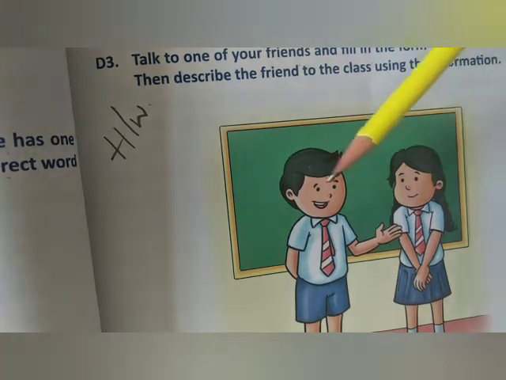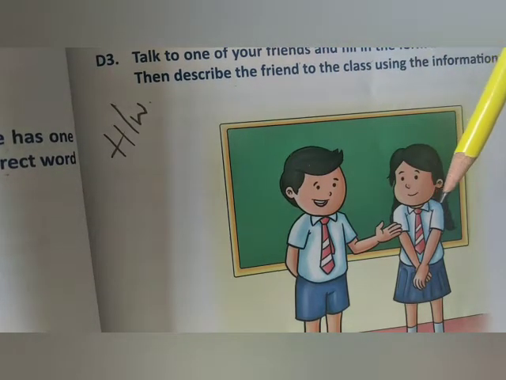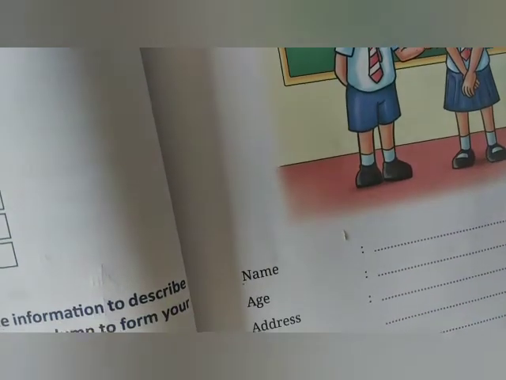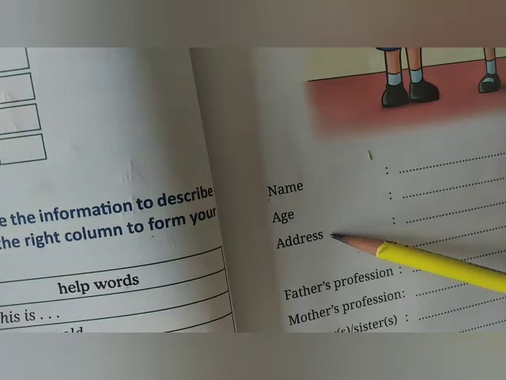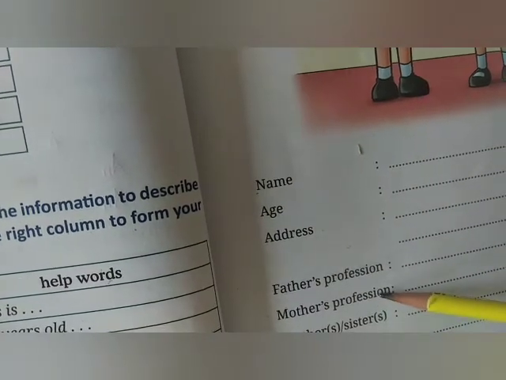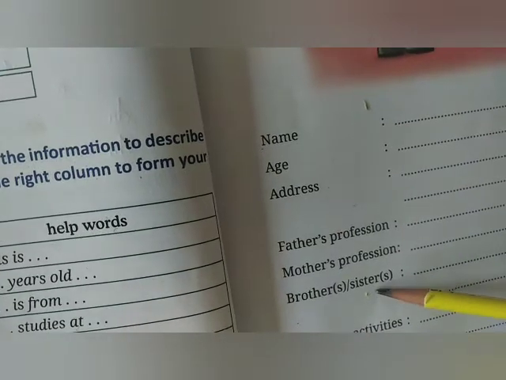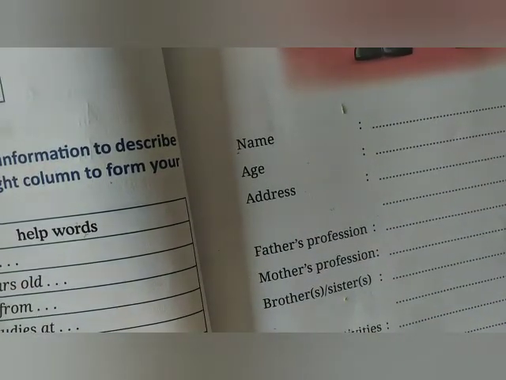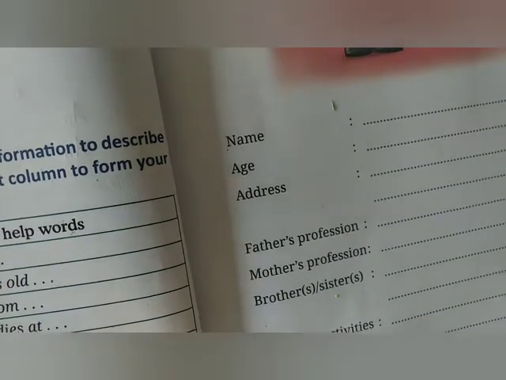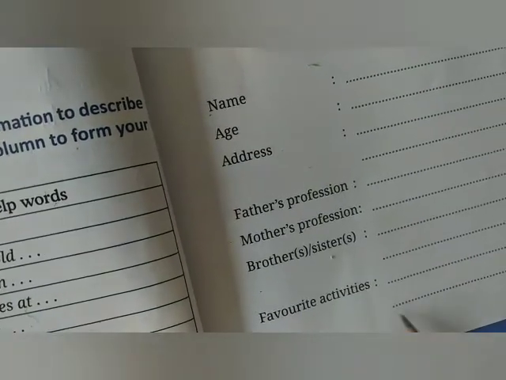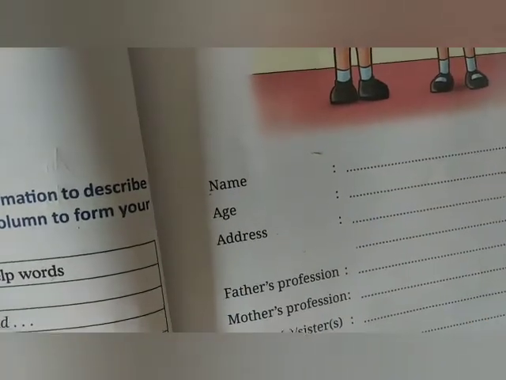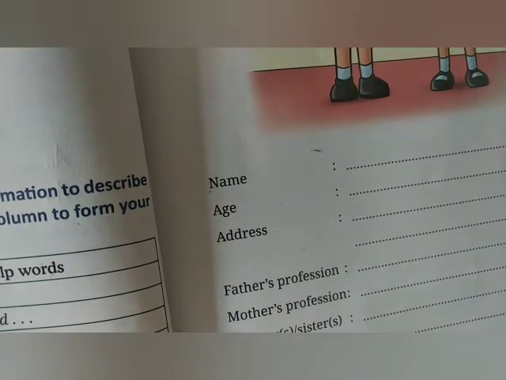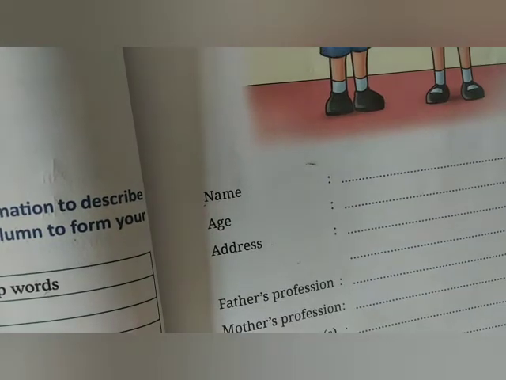You have to talk with your friend and fill in all the information about your friend like her name, age, address, father and mother's professions. If they have a brother or sister, you have to mention them, and you have to write the favorite activities of your friend. Okay, dears? You have to do this in your textbook only. Okay? Understand? Any doubt about it?